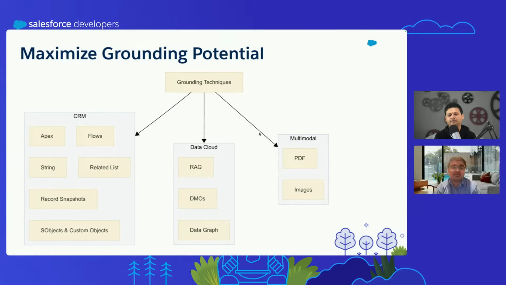Say you have PDFs, for example, of customer reviews. Those are things that ordinarily would be a really big challenge to ground on. But now we're introducing multimodal inputs so that you can use PDFs and images to directly inform the outputs of your prompts without having to do any translation between the original data source and what you ground your prompt on. Awesome, awesome. And these are all the grounding techniques that we have.